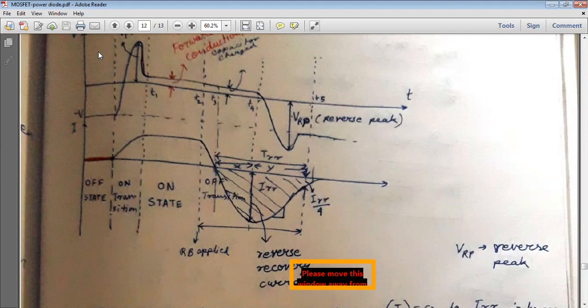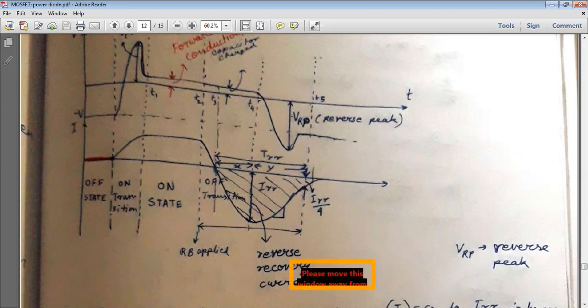So there is a leakage current, and it comes to 0 even though the voltage is reverse biased; the current has some finite value. Now the total time taken from anode current equal to 0 to anode current equal to this value is known as IRR by 4.